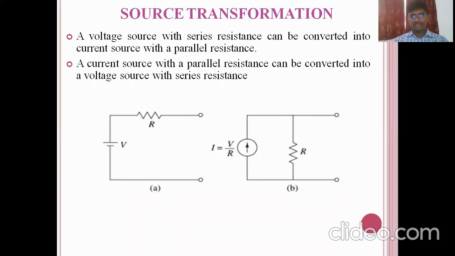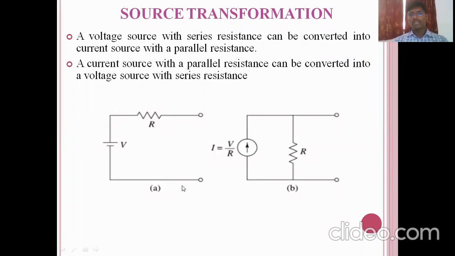Coming to the practical ones, both voltage and current sources have some internal resistance, where the voltage source has a very small internal resistance, whereas the current source has a large internal resistance. The model of the voltage source is the voltage connected in series with its internal resistance, and the current source has a parallel resistance.